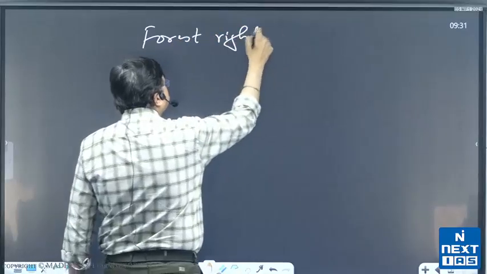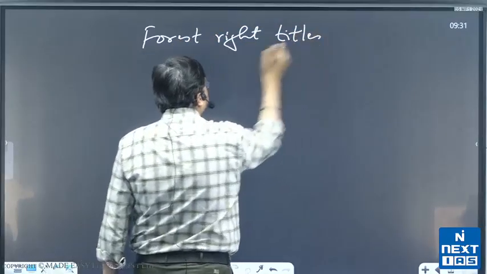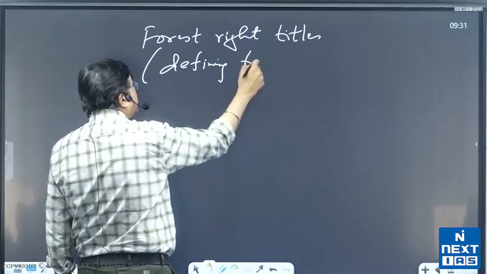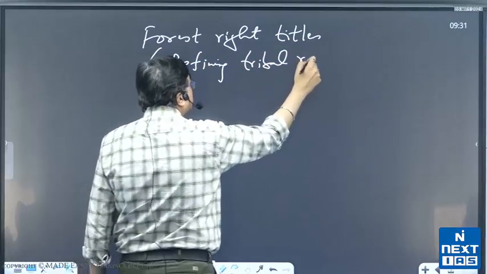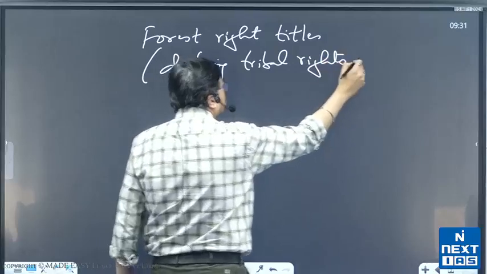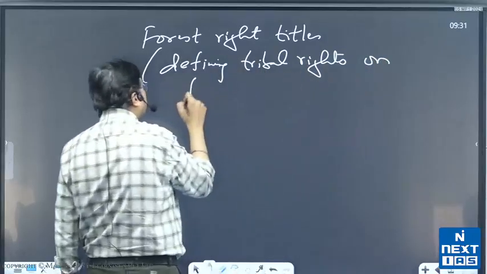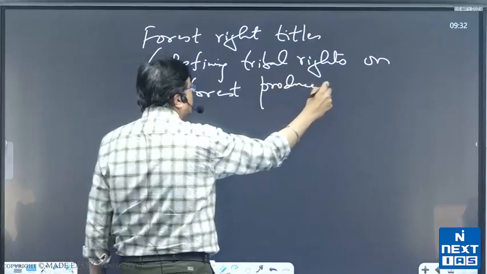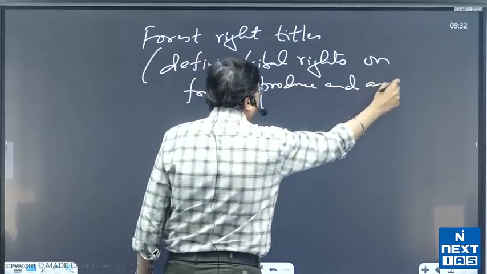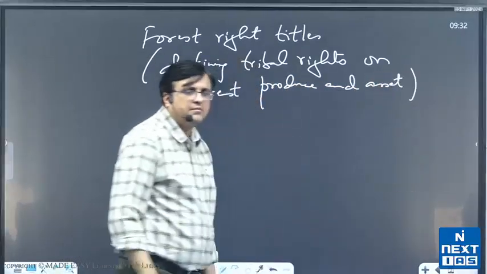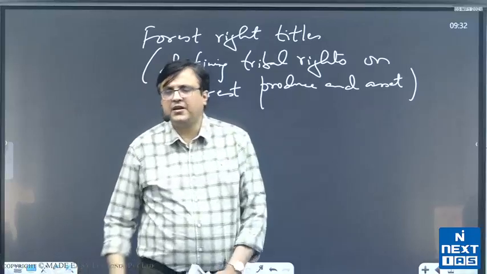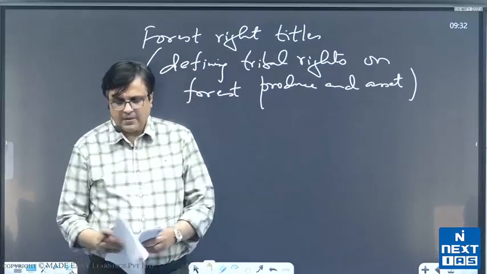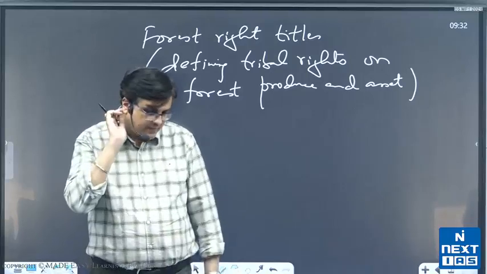Forest right titles is defining tribal rights on forest produce and asset. Defining tribal rights on forest produce and asset.